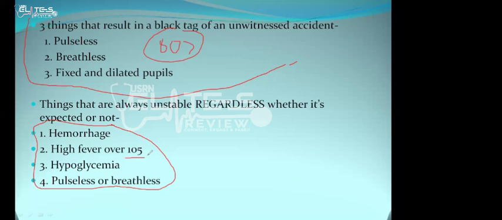I think those of us in UK and US normally use degrees Fahrenheit more than degrees Celsius. So in degrees Celsius, it's 40.55, something like that. Okay, so when you have a higher temperature of such value, it means you are not stable.